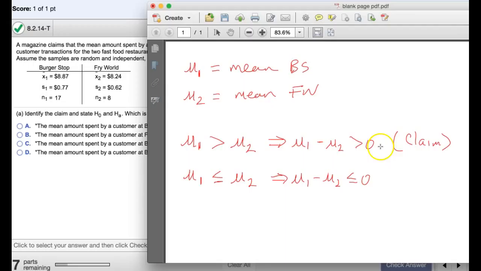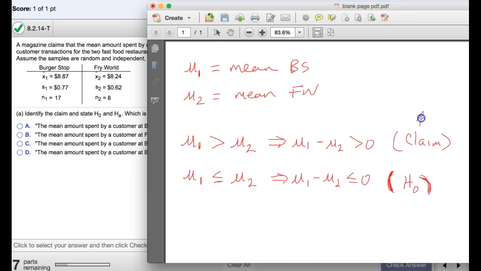Simply put, we know that the null hypothesis will always be the hypothesis that has the equal sign in it. Since for the second one here we have mu1 is less than or equal to mu2, or the population mean for Burger Stop is less than or equal to the population mean for Fry World, this is what we're going to call our null hypothesis.